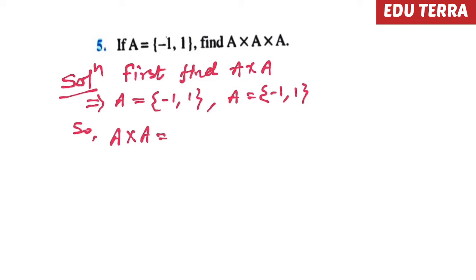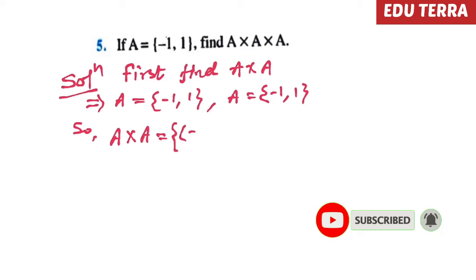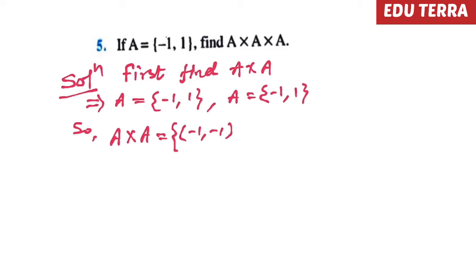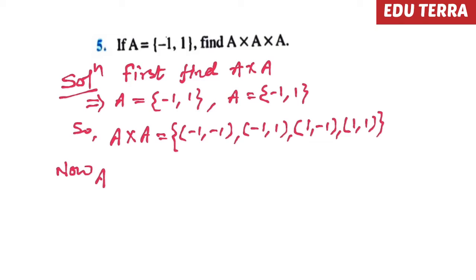You can find A cross A cross A in one line, but there is a chance of mistake. So look here: (-1, -1), then (-1, 1). Now try to find A cross A cross A. It means A cross A, then take the cross product or Cartesian product with A. It is a triplet. So see, we will get here 8 ordered triplets.